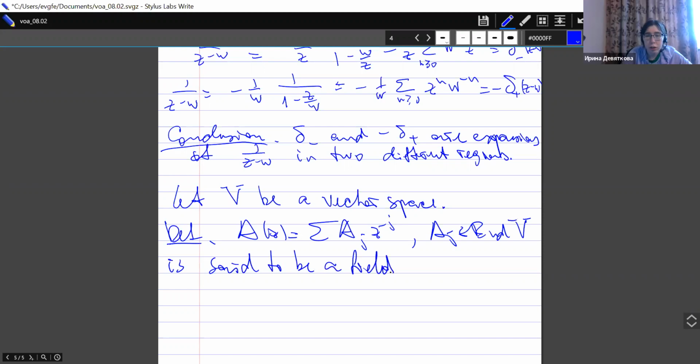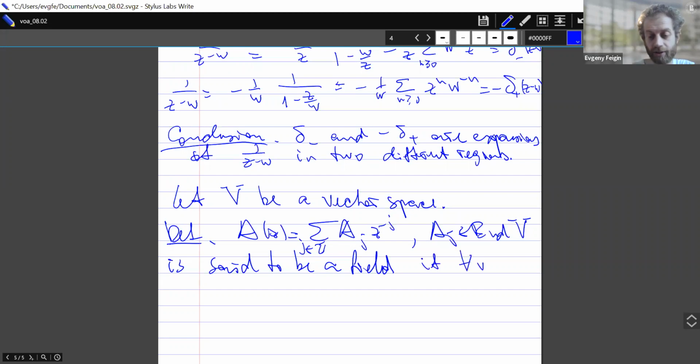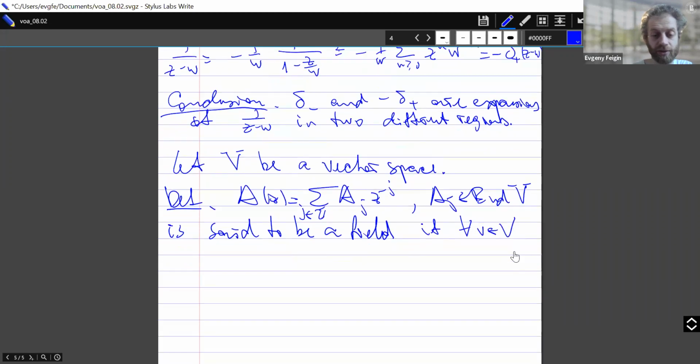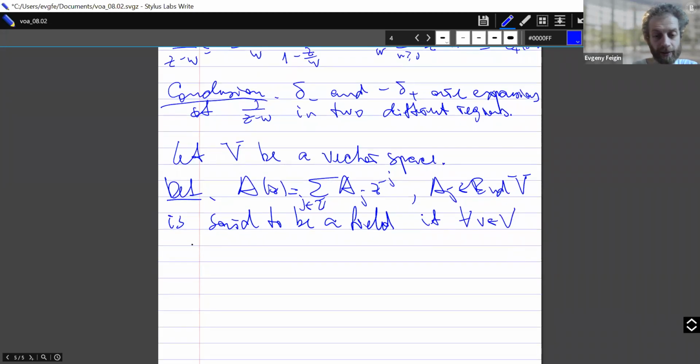And J are integers, positive integers, or what? Just integers, all possible integers. So this is a series in Z in both directions, and J is an arbitrary integer. So this is said to be a field if for any v in V, A of Z v belongs to V((Z)).